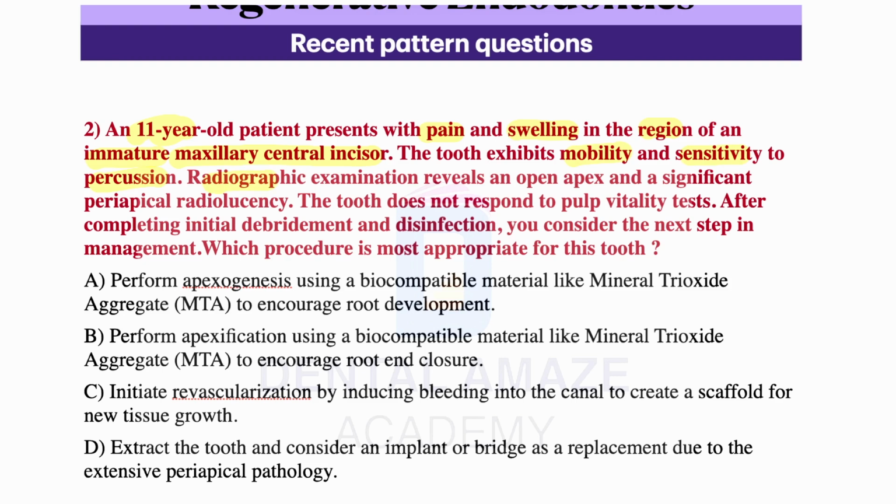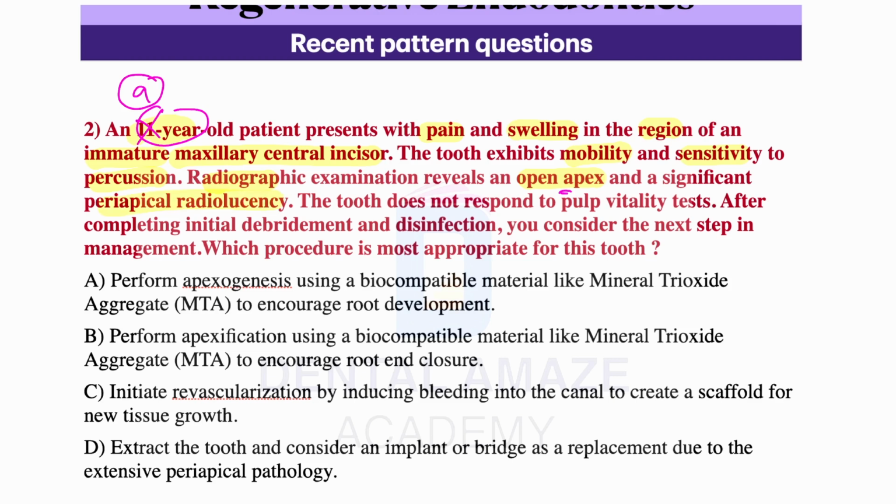Radiographic examination also reveals an open apex. There's a small problem here with the 11-year-old. Let's consider this to be a 9-year-old, which will be a much better option. So, open apex and significant periapical radiolucency.